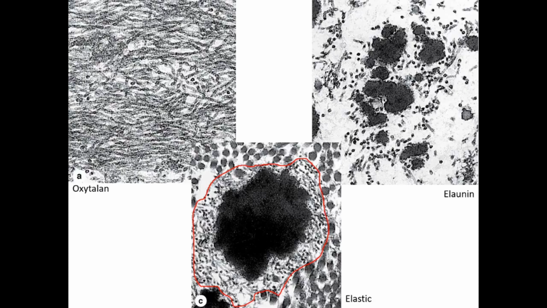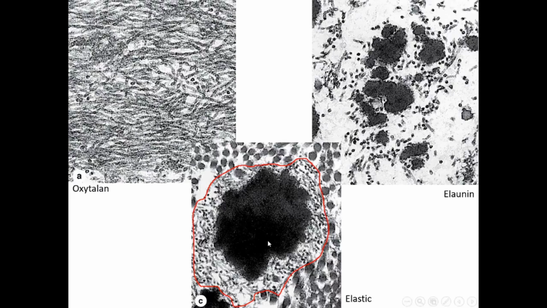But here we have a cross section of the microfibrils. And at the end, we see the accumulation of elastin in the center and the remaining microfibrils on the surface.